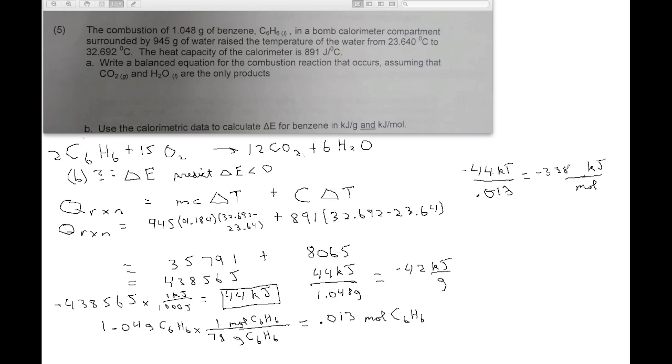Alright, I still got a little bit different, but maybe now that's just from rounding error. So this was 44 kilojoules over 0.013 moles. And here we had 44 kilojoules over 1.04. 44 divided by 0.013. Okay, yeah, so that's about right.